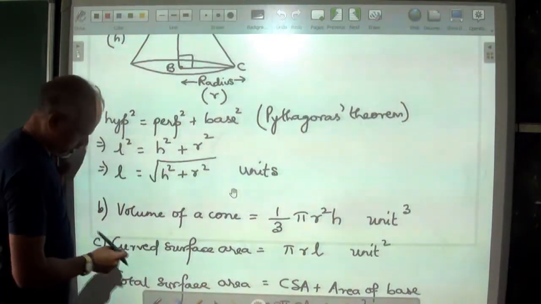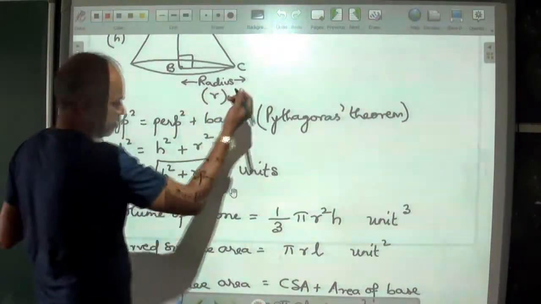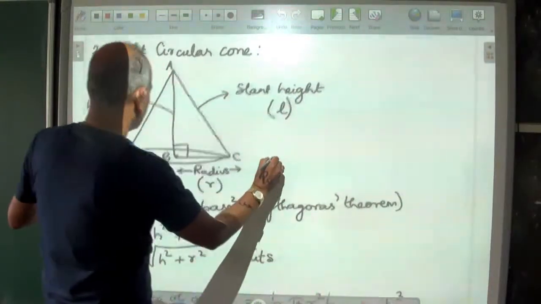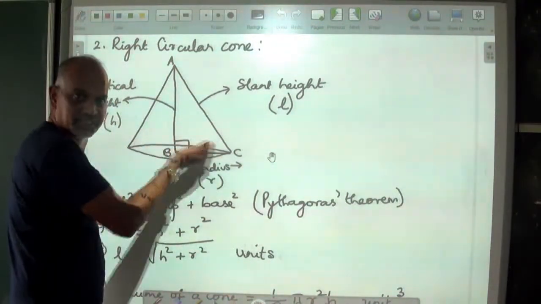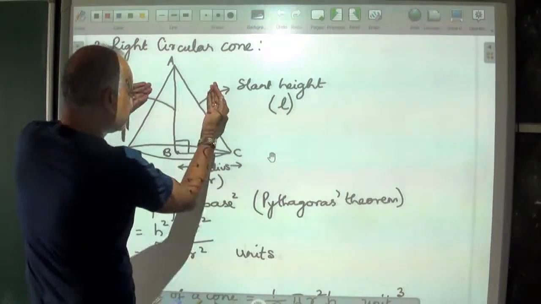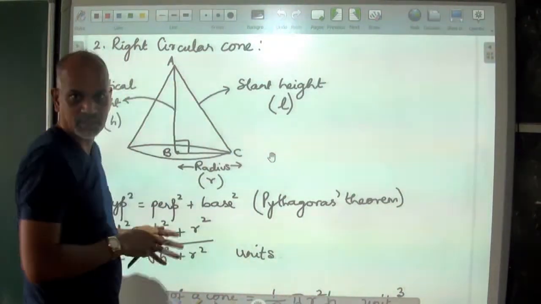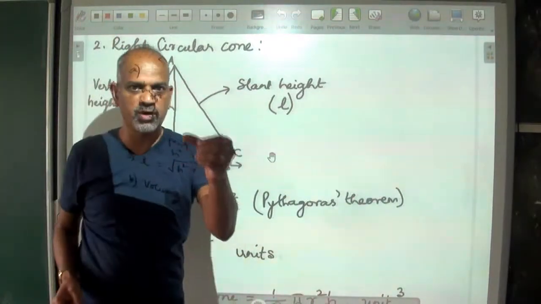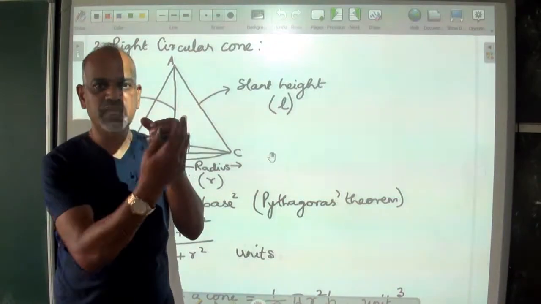Then the third thing that you can find for a cone is the curved surface area. Now let's go back to the figure. If you look at this cone, there's one surface here which is flat and this portion is curved. If you are holding the ice cream cone, you are actually holding the curved surface area.